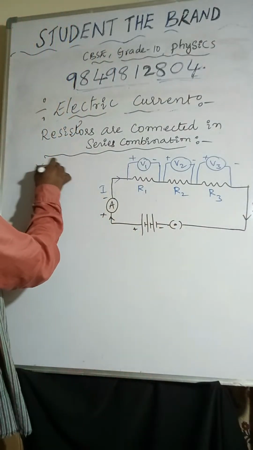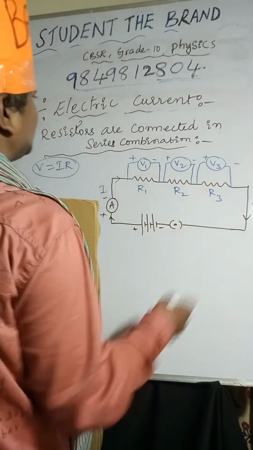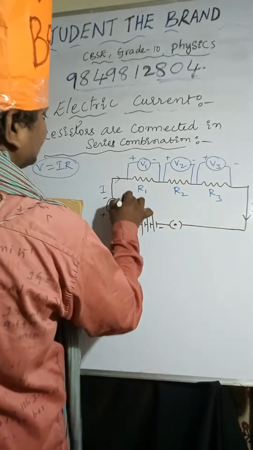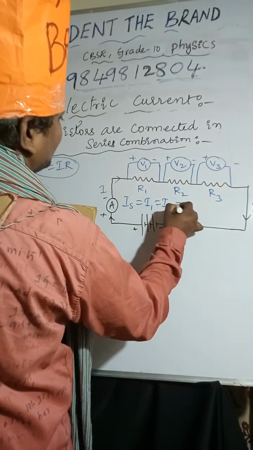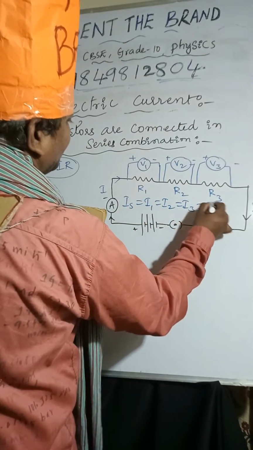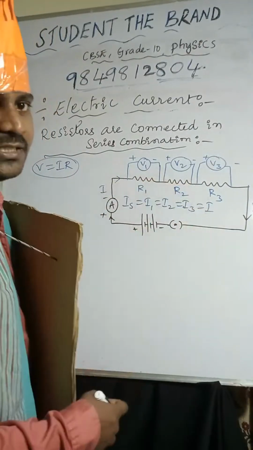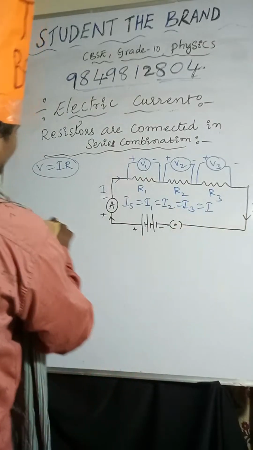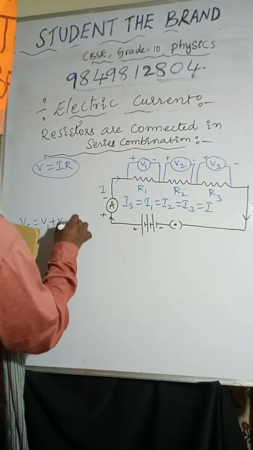From Ohm's law, V equal to IR. In this, resistors are connected in series combination. You can observe current is the same: I1 equal to I2 equal to I3 equal to I. The potential difference is different. That's why Vs equal to V1 plus V2 plus V3.